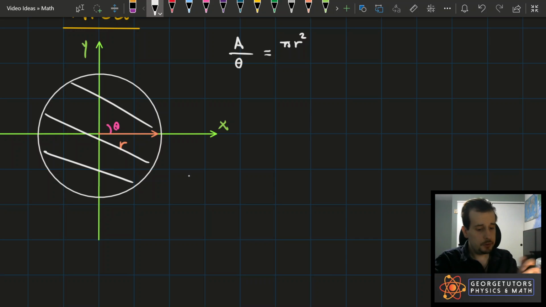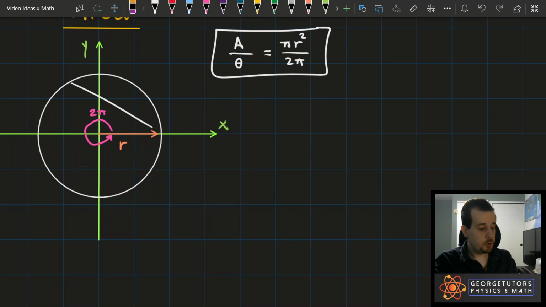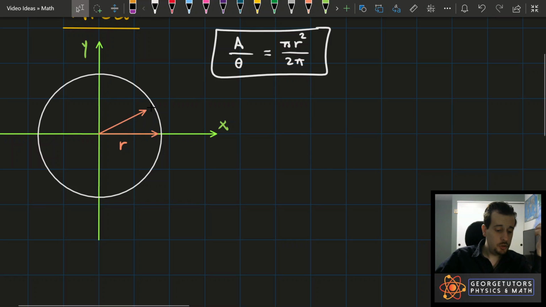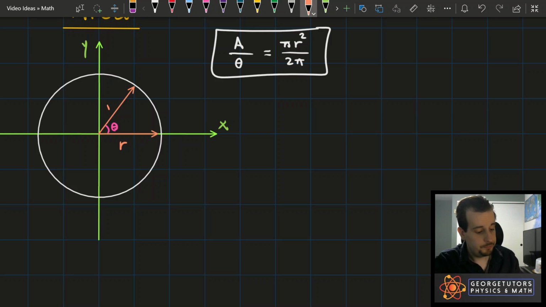But how much did I have to open up this angle for this to occur? Quite obviously, by an amount 2 pi. So I create this simple little ratio in order to solve for the area that I'm going to create if I just open a segment of angle theta instead of the full circle.